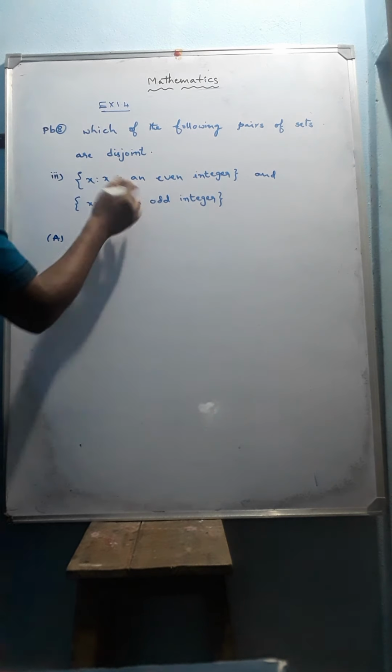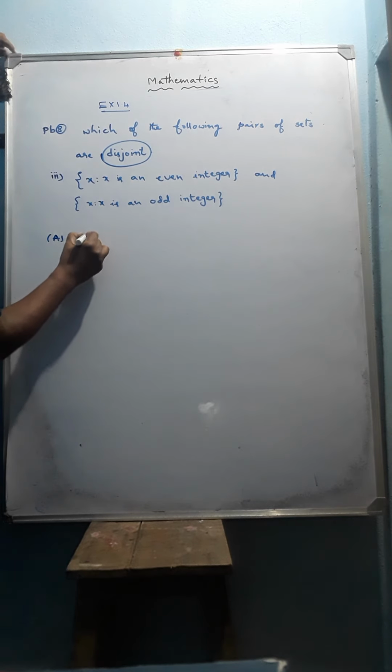Okay, that is a problem. See answer. That means given two sets are disjoint or not. Okay, he is asking disjoint or not. So first one you can assume a set.